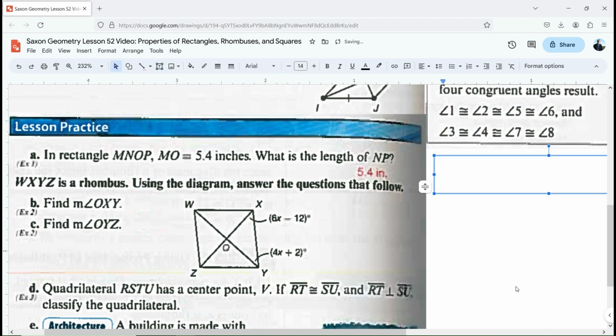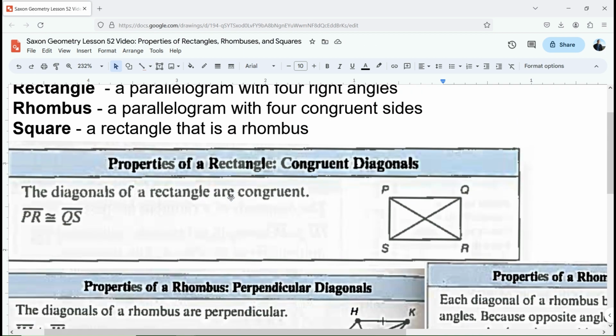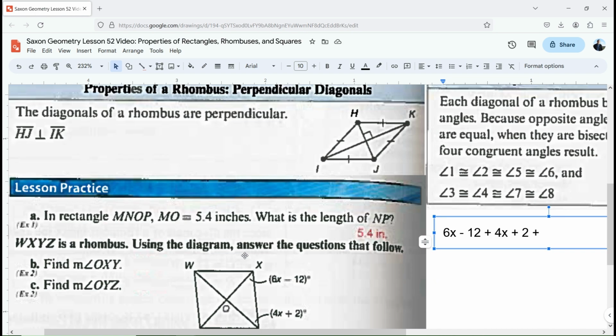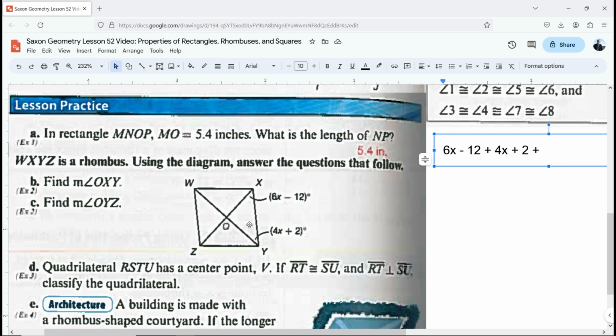If I add together 6x minus 12 and 4x plus 2 plus whatever this angle is right here, why, if these intersect because they're perpendicular to each other, they intersect at 90-degree angles, this has to be 90 degrees.